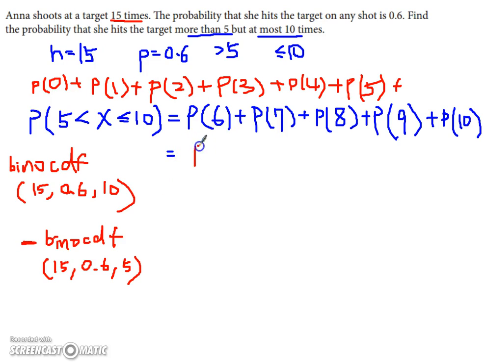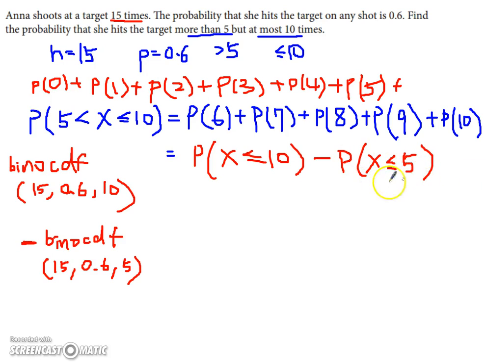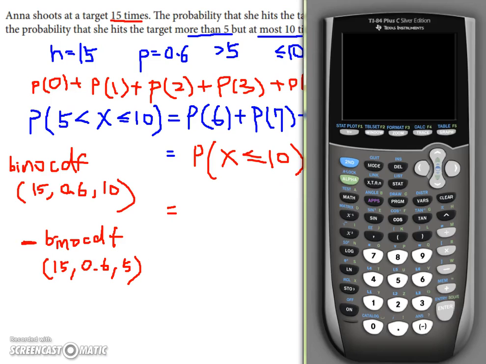Wouldn't this be the probability of X less than or equal to 10, that is the whole thing, so P0, 1, 2, 3, 4, 5 until 10, minus the probability of X less than or equal to 5, that will be 0, 1, 2, 3, 4, 5. That counts as your working. And now all you have to do is use your calculator.